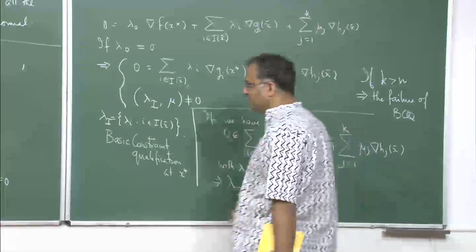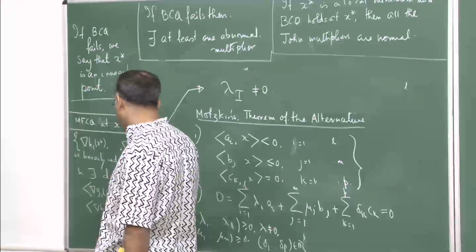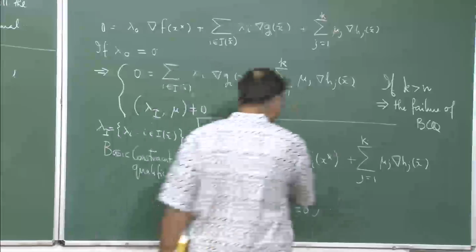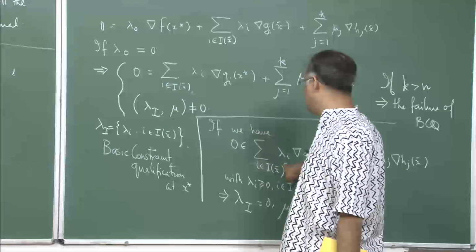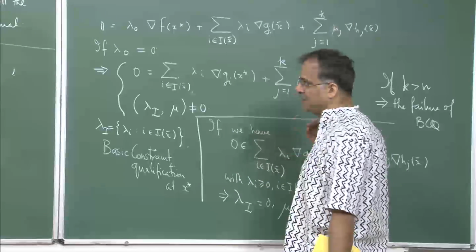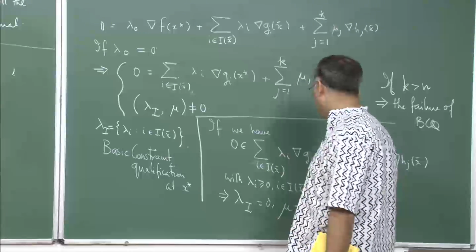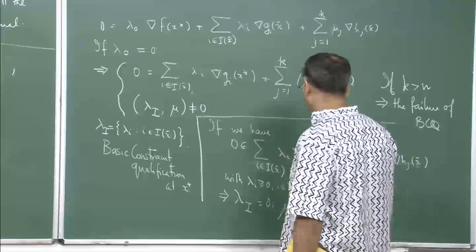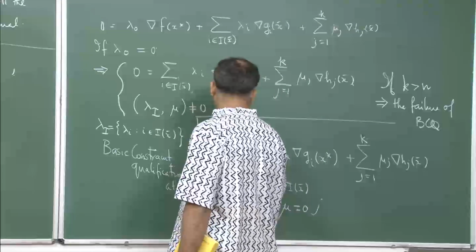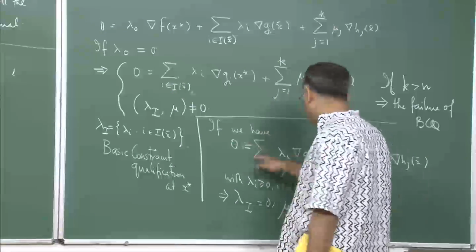If this system has a solution, that is, there is a d which satisfies this system, then this system cannot have a solution, which means that there cannot be any lambda where all the lambda i's are greater than equal to 0, but lambda as a vector is not equal to 0, and mu j is in R^k, such that for those lambda and mu, the whole vector would sum up to 0.